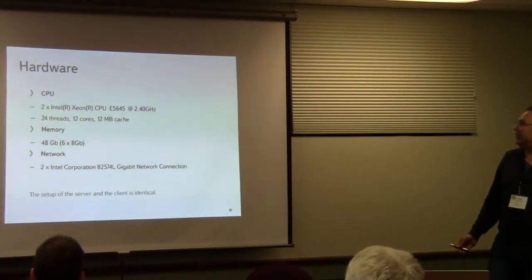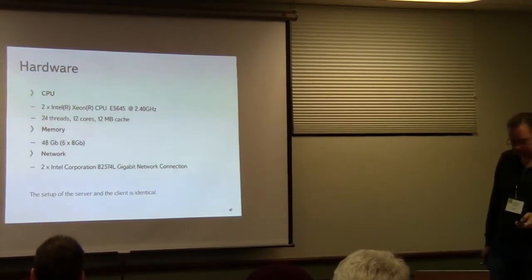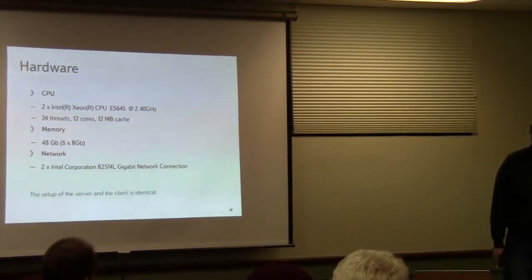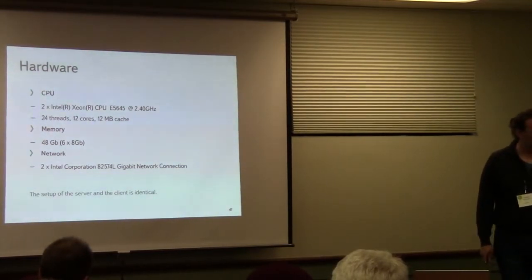The client and the server are identical. Question: before I thought you said that you ran one thread per processor. So does that mean 24 threads? Per CPU core. Yes, per CPU core.